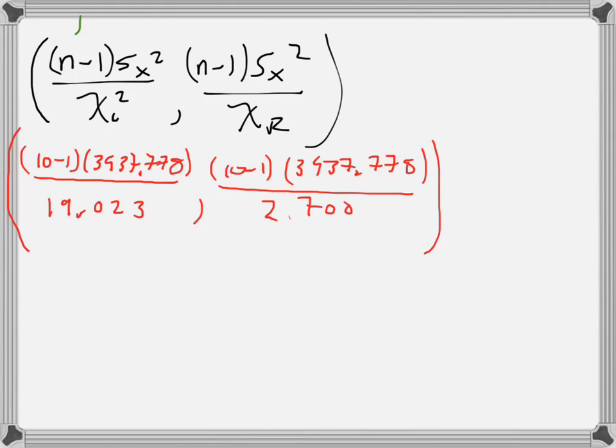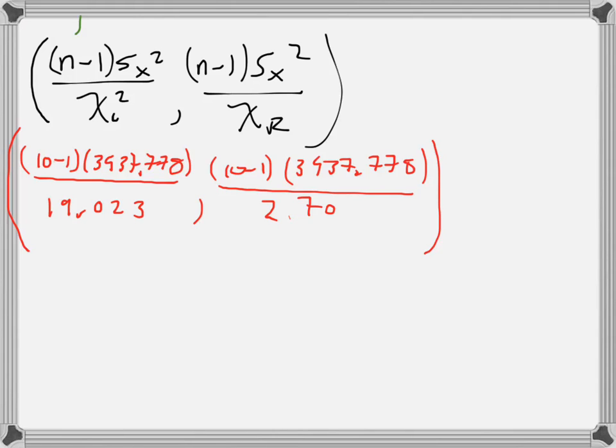Now you might look at this and go, wait a minute, which number goes under what? Typically, the bigger value, in this case 19.023, is going to go on the left. It might seem a little counterintuitive, but remember, we're dividing by the bigger number. If we divide by a bigger number, this number on the left is going to get smaller.